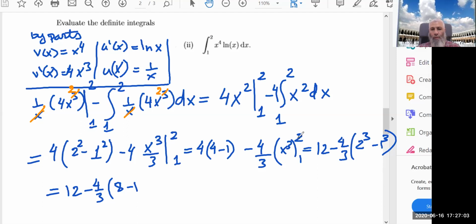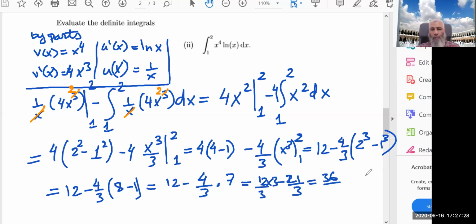This is 2 power 3 minus 1 power 3, and that's it. So this is 12 minus 4 over 3 multiply 7, which is 12 minus 28 over 3. So we can multiply this by 3 over 3. It would be 36 over 3 minus 28 over 3, it would be 5.